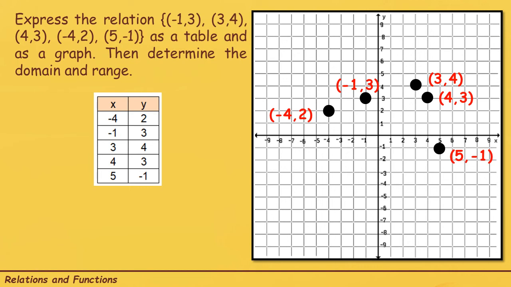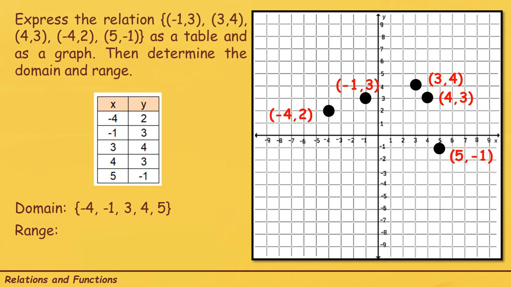So dahil na i-represent na natin ito in table and in graph form, let us now determine the domain and range. So kaya mo nang kunin yung domain at range nito kahit saan ka tumingin. It could be in table form or in the graph, or kahit mismo sa ating given relation. So ang domain natin dito is {-4, -1, 3, 4, 5}.